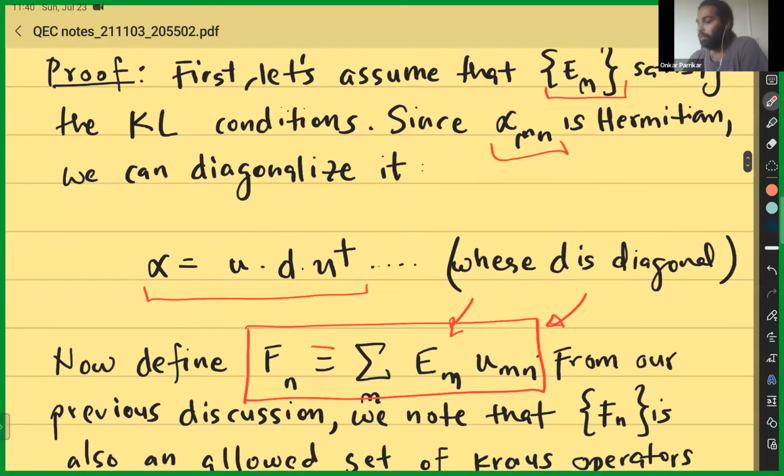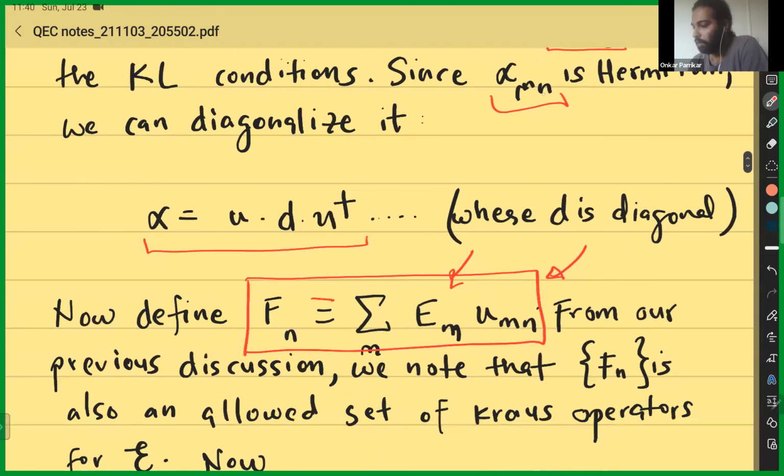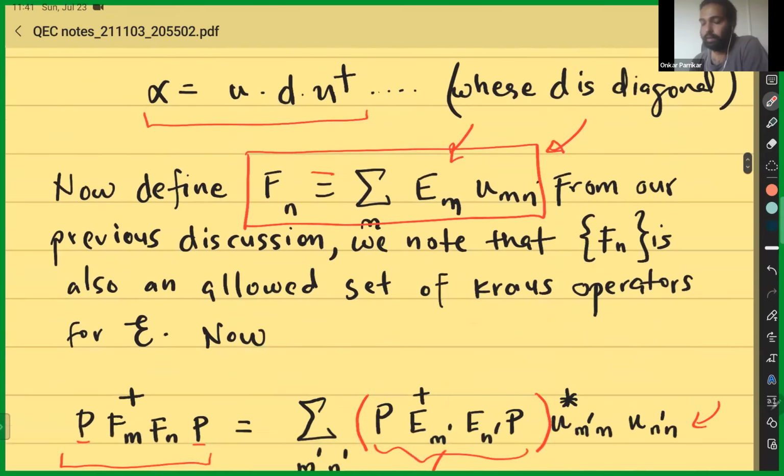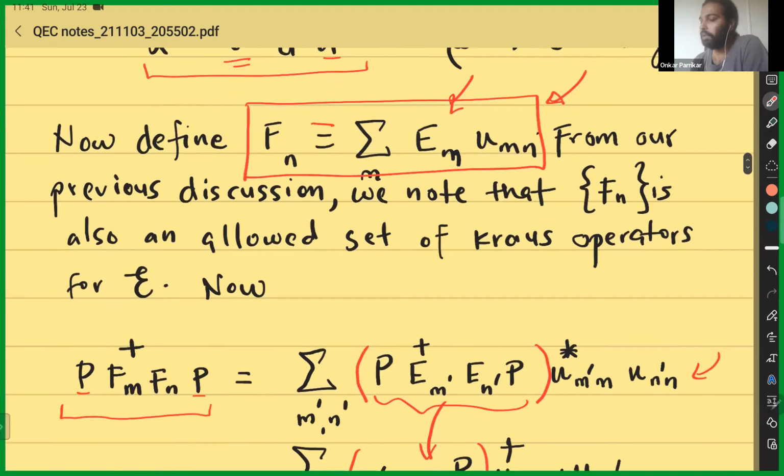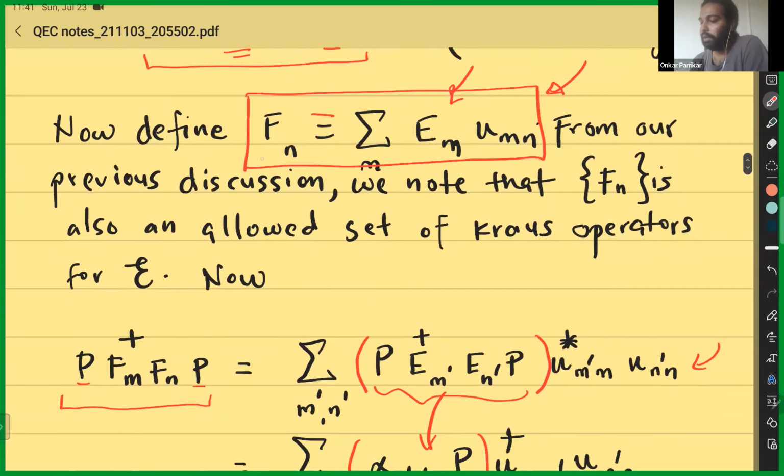So the way the proof goes is that you first use the fact that this matrix alpha is Hermitian to diagonalize it, to find that there exists some unitary matrix U such that you can diagonalize alpha. You then use this unitary matrix to construct a different set of Kraus operators for the same error channel.